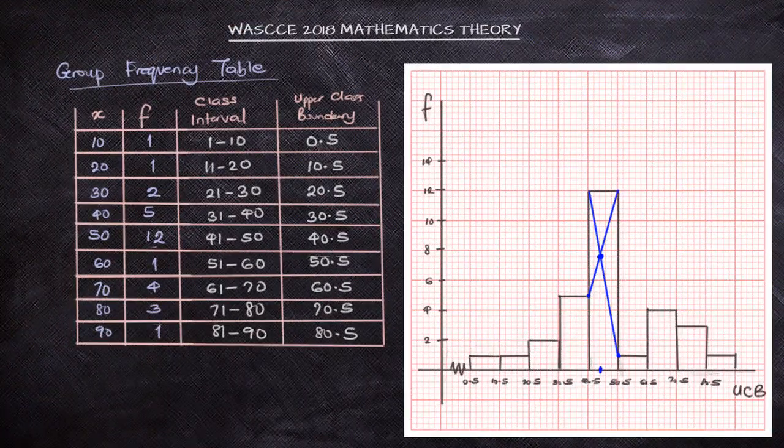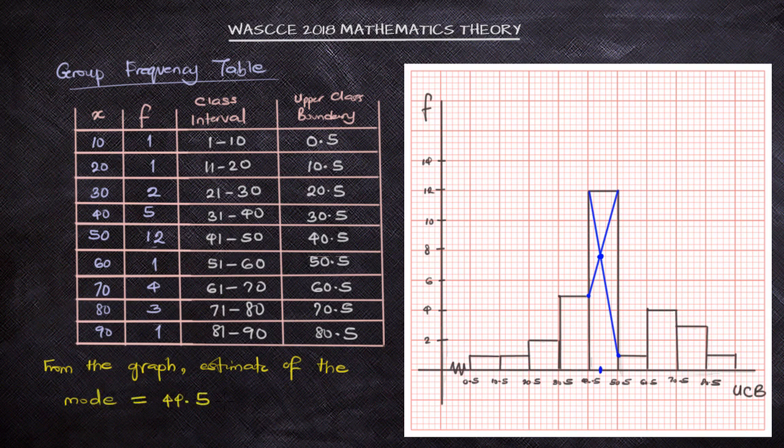This value will be around 44.5. That will be around 40, 42, 44, 46, 48, 50. So from the graph, the estimated mode, and it is an estimate, so there's margin for some allowances. From the graph, it is 44.5. You can say for the allowances plus or minus 1.